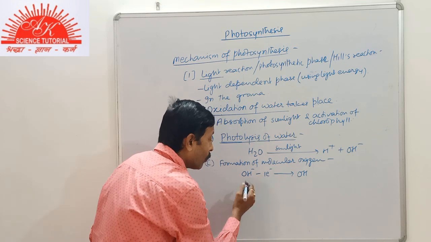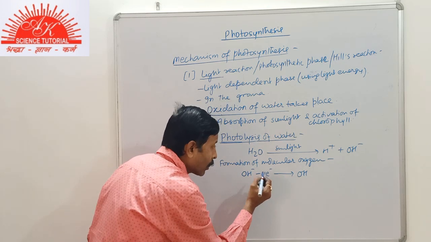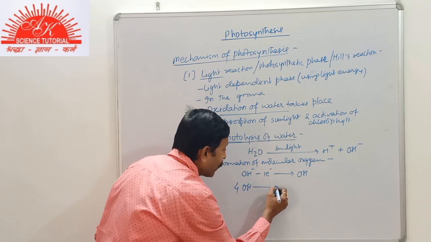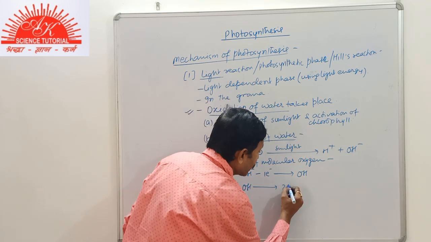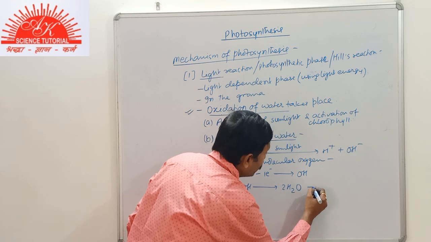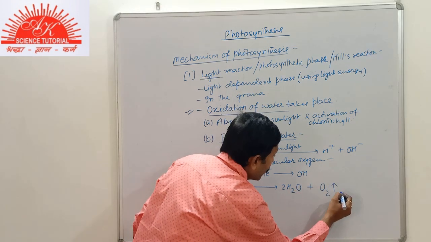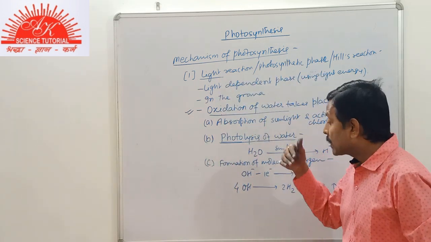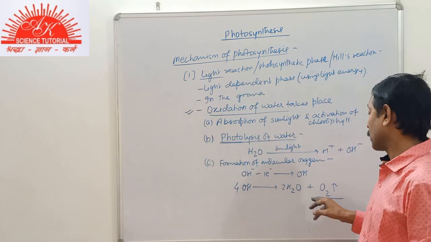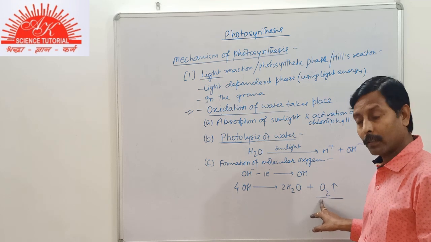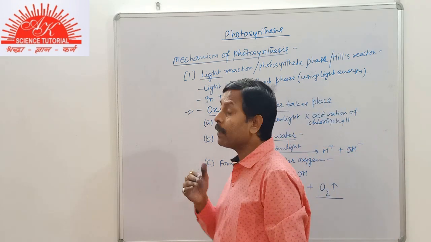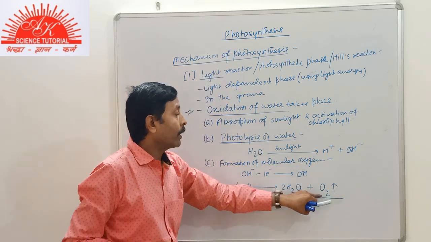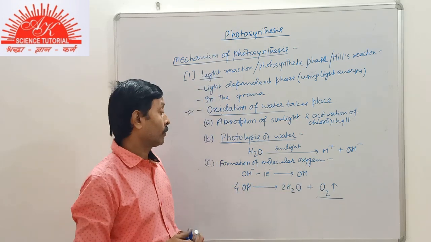So these hydroxide components get reassembled, combined together. As a result, it changes into 2H2O plus O2, and this is the molecular oxygen that is released into the atmosphere through stomata. So students, we have studied earlier that in photosynthesis, the life supporting gas oxygen is released.